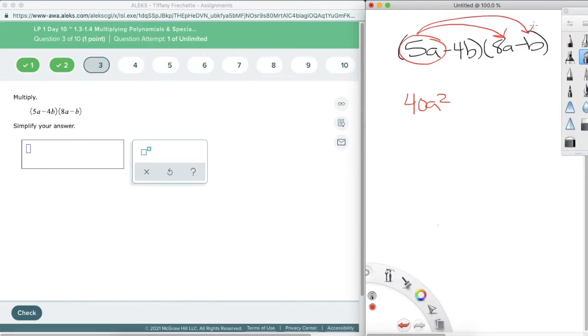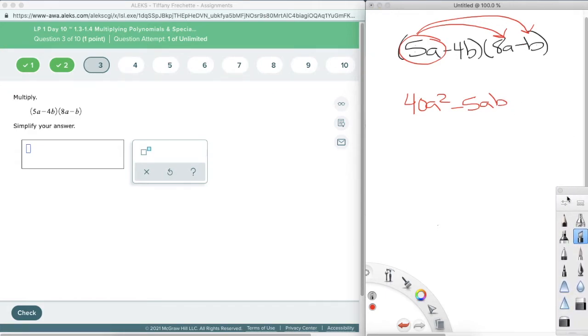If there were 3 pieces or 4 pieces or 5 pieces, you would keep multiplying until you've done all of them. Okay, in this case, we only have 2 and 2, so it's pretty simple in this one. Minus, because it's negative B times 5A. So with this one, I go negative 5, and I put them in order, A, B. I'm going to move this guy down because I just realized I'm not giving myself enough room here.